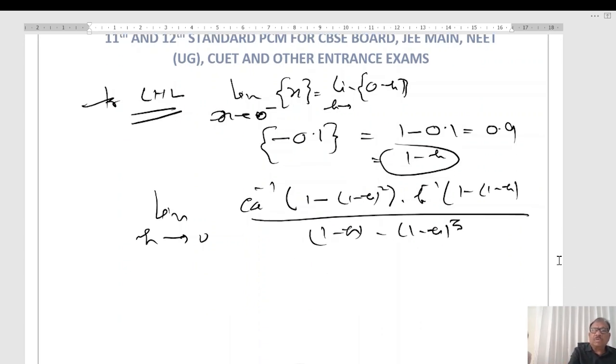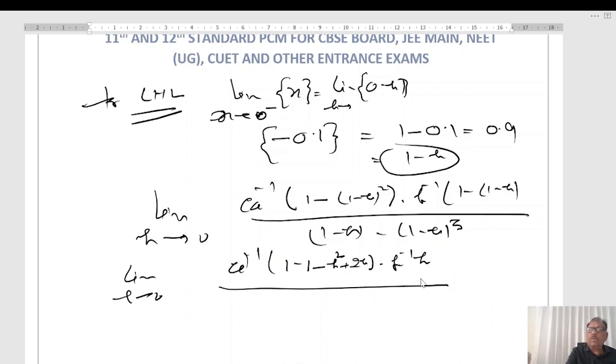Now on further simplification, limit h tends to 0, cos inverse of (1 minus (1 minus h square plus 2h)), sine inverse of (1 minus h), taking (1 minus h) common.